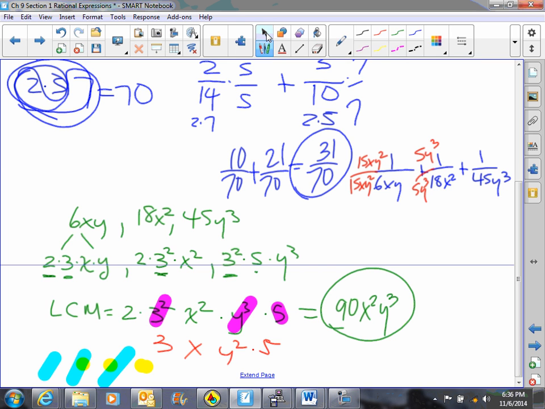So we would multiply this fraction by 2x squared over 2x squared. And then what happens is the denominator is going to be 90x squared y cubed in all 3 cases.